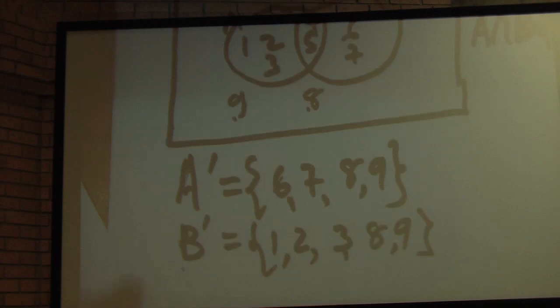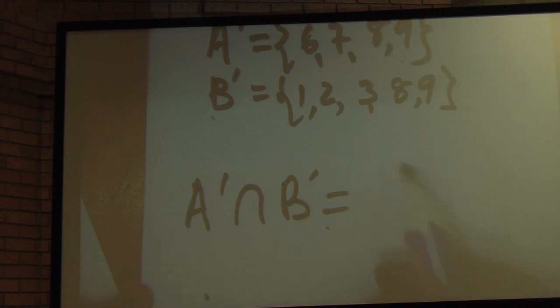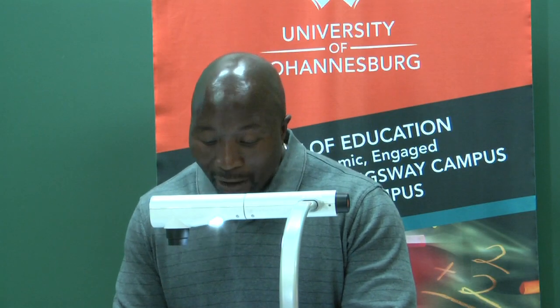Now, these questions can get a bit complicated. In other words, not complicated really, but rather sophisticated. We could be asked to find A complement intersection B complement. In other words, find the intersection of the elements that are not found in A together with the elements that are not found in B. We can only do that if we have the two complements.